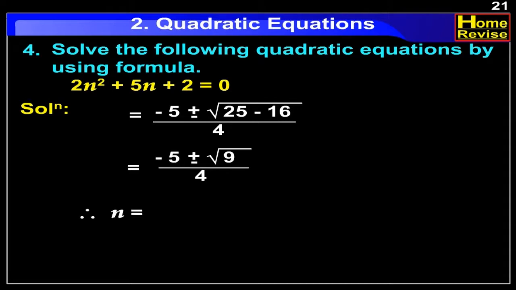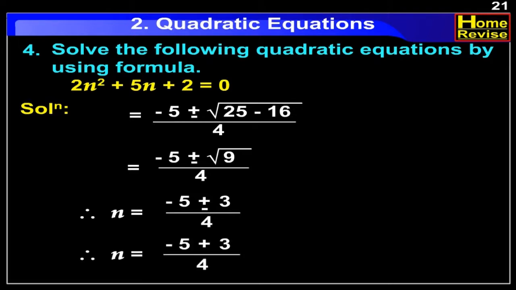Therefore, n = (-5 ± 3) / 4. Therefore, n = (-5 + 3) / 4 or n = (-5 - 3) / 4.